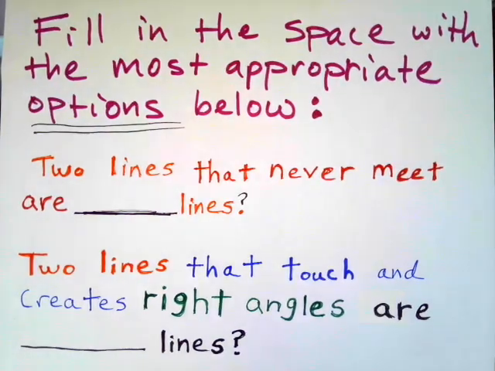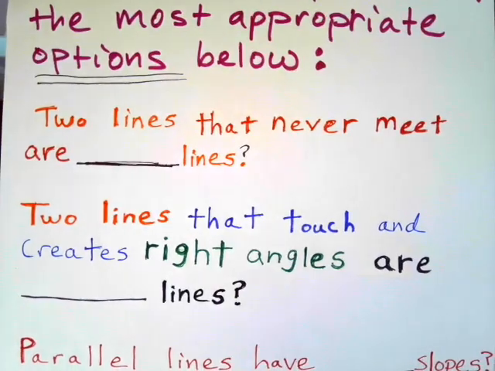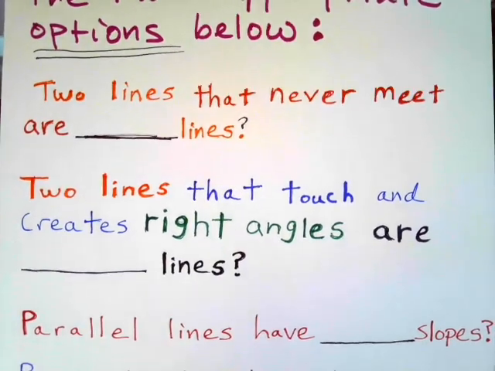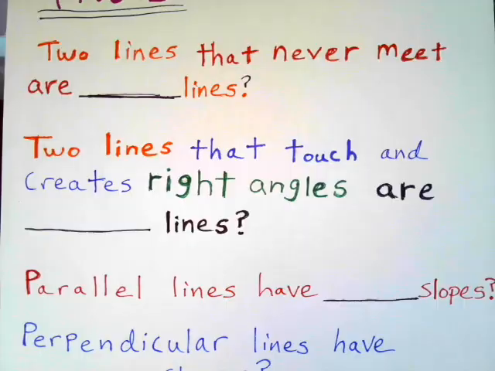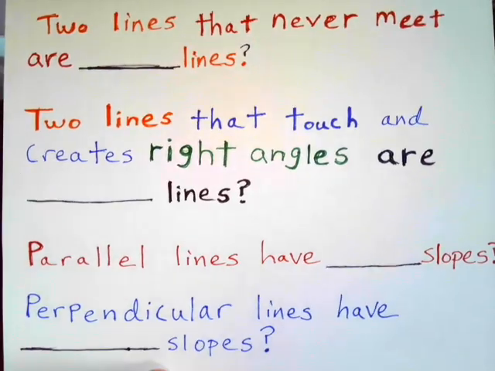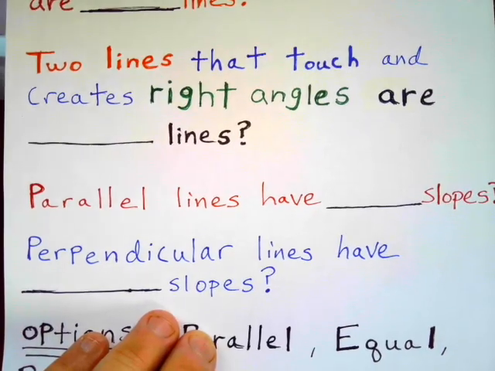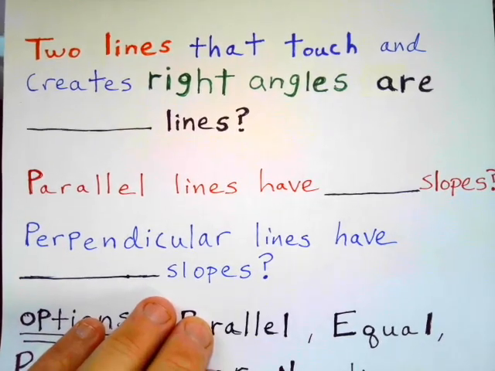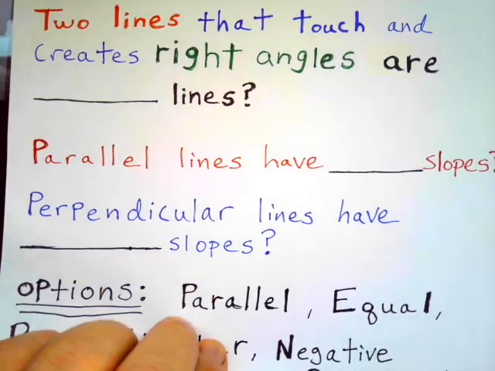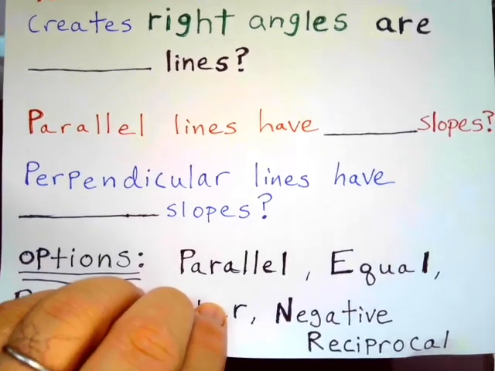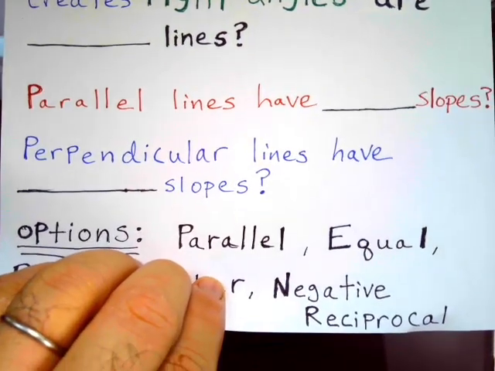All right. Fill in the space with the most appropriate options below. Two lines that never meet are blank lines. Two lines that touch and create right angles are blank lines. Parallel lines have blank slopes.